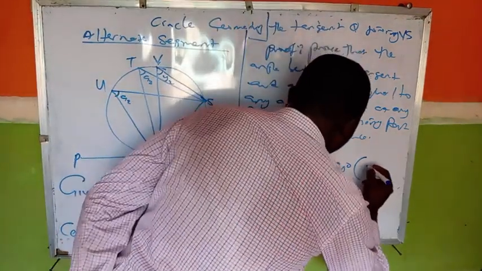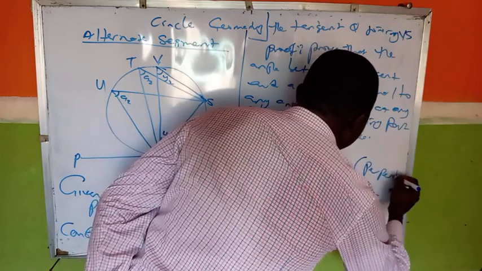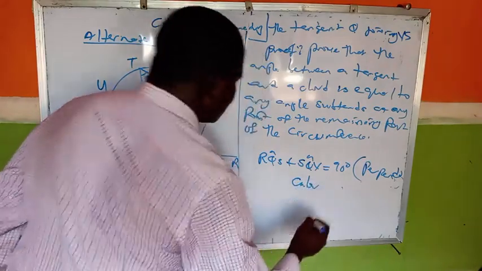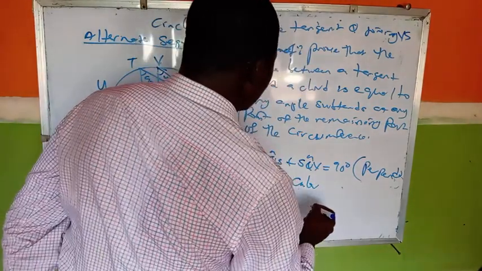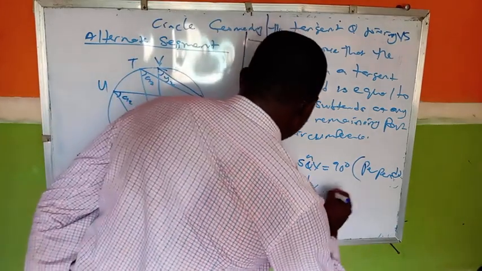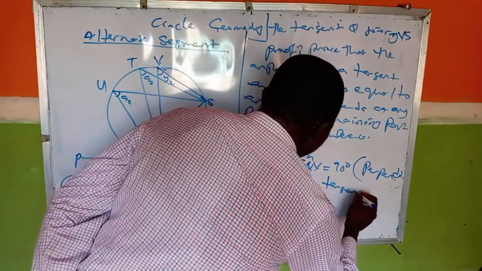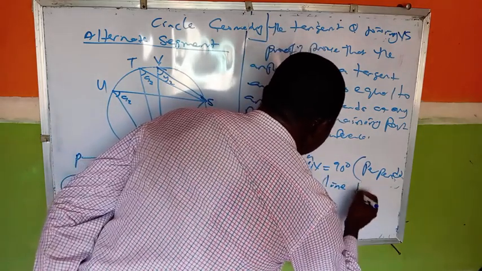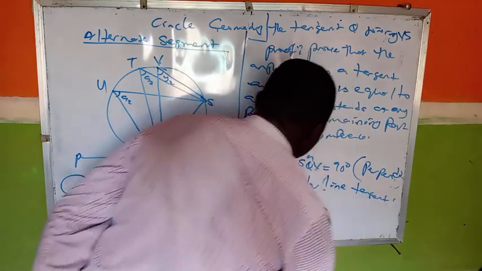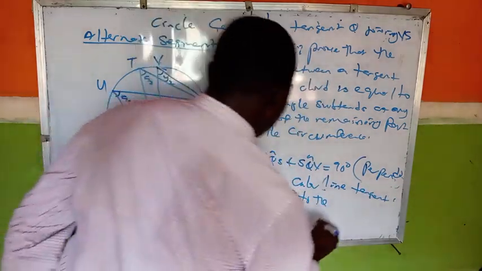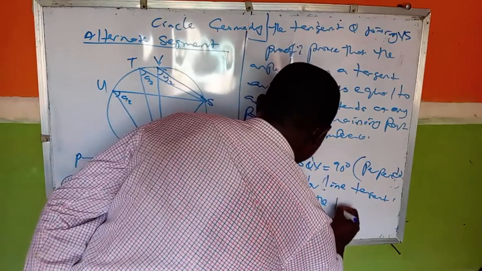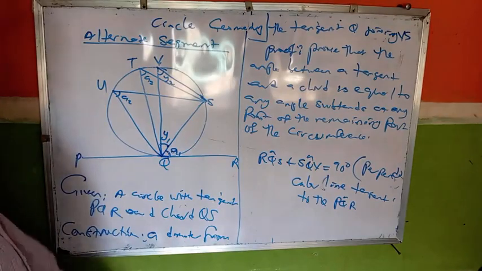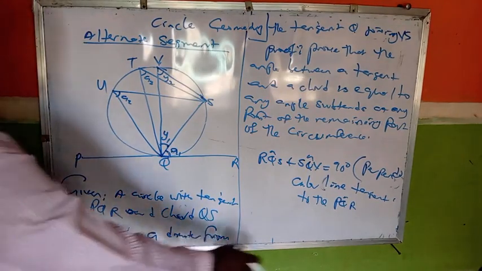The diameter is perpendicular to the tangent PQR.